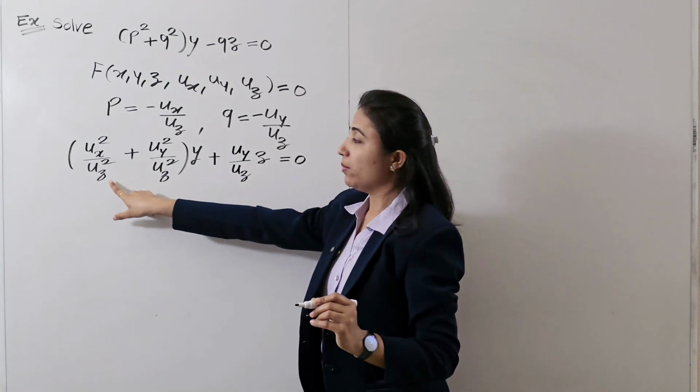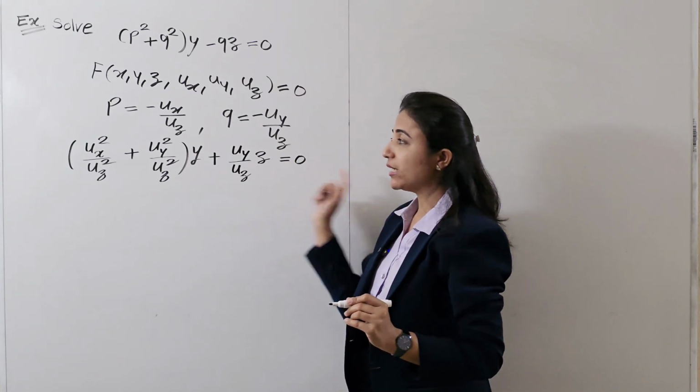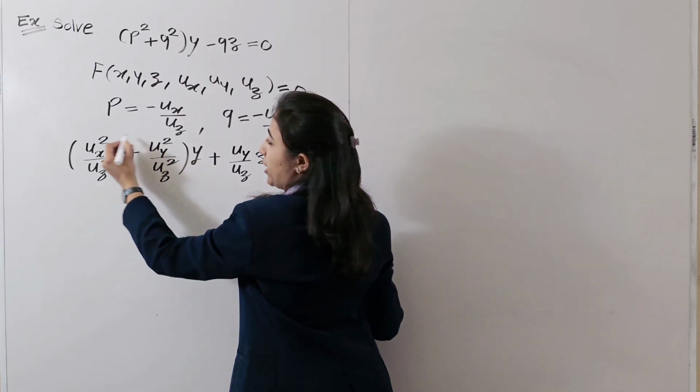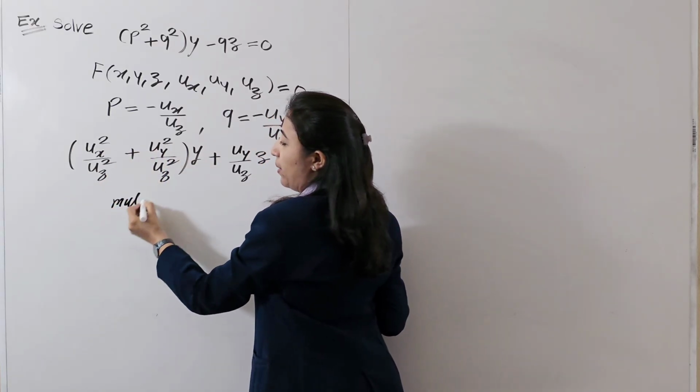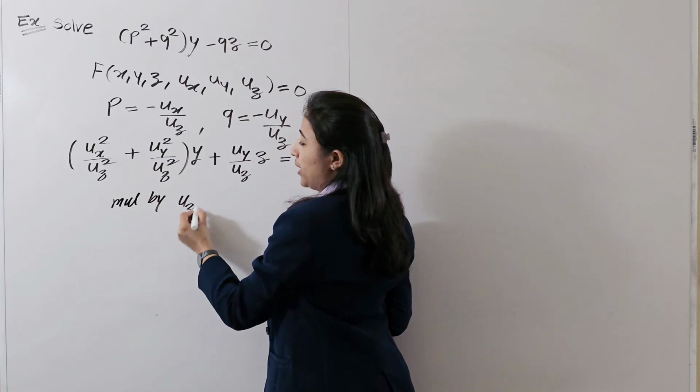Now here the denominator is uz square, so we multiply throughout by uz square. In this bracket you can take the uz square term common, so multiply by uz square.